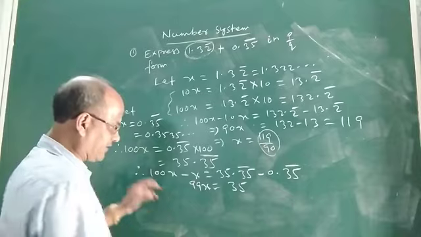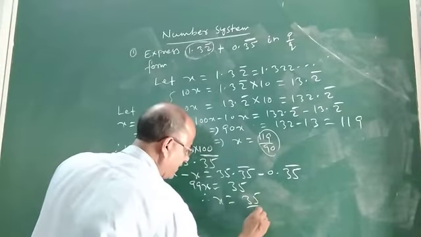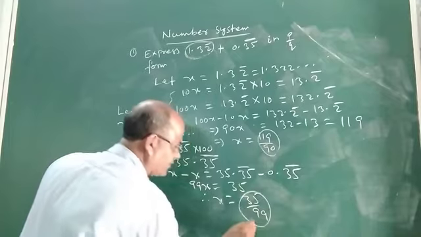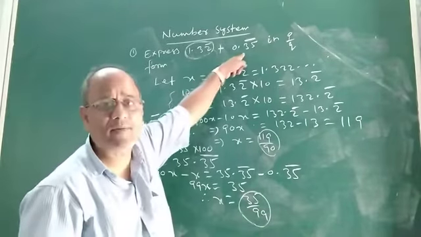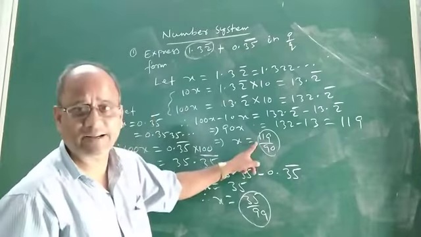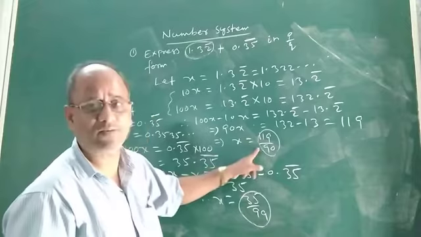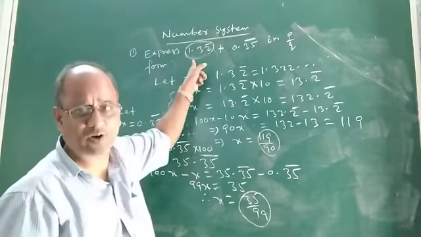So 99x is 35. So what will be x? x will be 35 by 99. So this 35 by 99 is the required P by Q form of this pure recurring decimal, and this 119 by 90 is the P by Q form or rational form of this mixed recurring decimal.